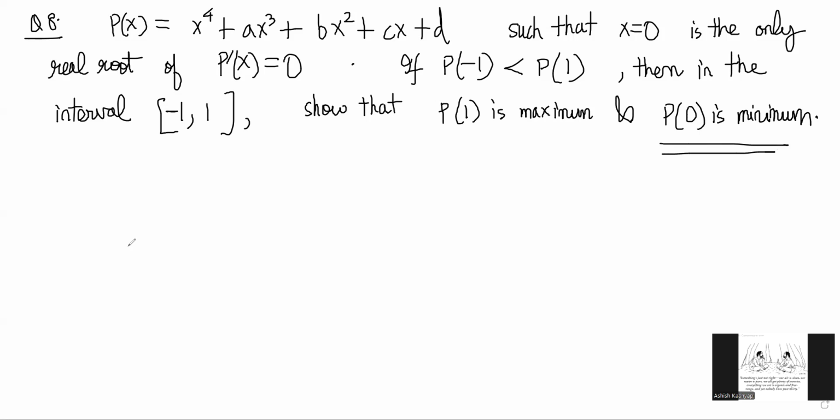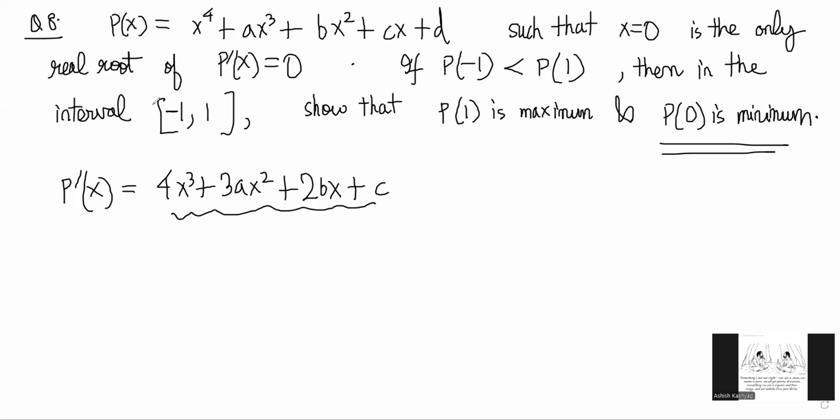So we have a polynomial and we are given that for the derivative, the only real root is x is equal to 0. Derivative is 4x cube plus 3ax square plus 2bx plus c, right? And this equation has root x is equal to 0.